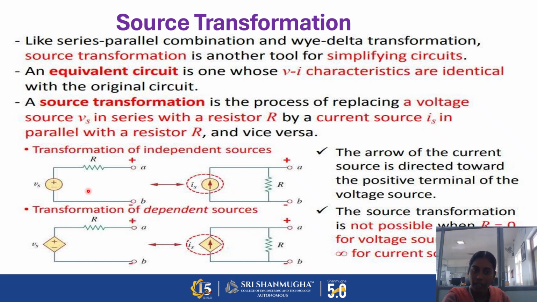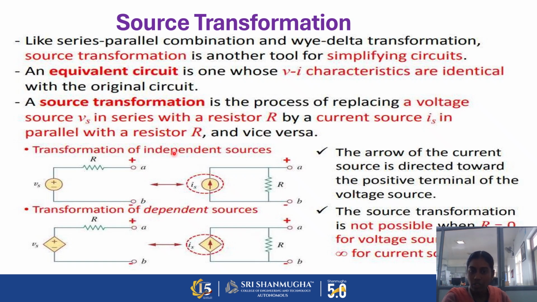When we are converting this voltage source into a current source, the voltage is converted here as a current source. The polarity minus to plus is indicated here as an upward arrow. The same resistor which is connected in series with the voltage is replaced here as a parallel connection.